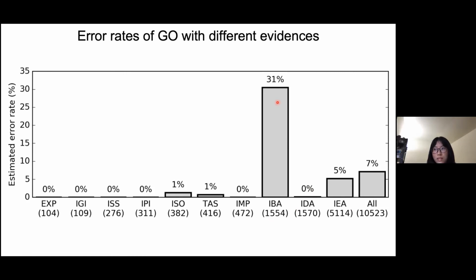This is an estimated error rate 6 times greater than fully automatically annotated IEA terms. IEA terms only show 5%. And we have reported our findings to UniProt, the GO Consortium, and neXtProt. So for now, most of the misannotations were corrected.